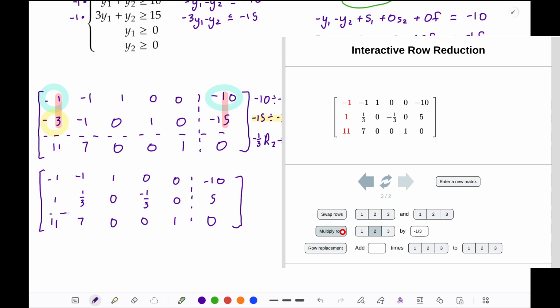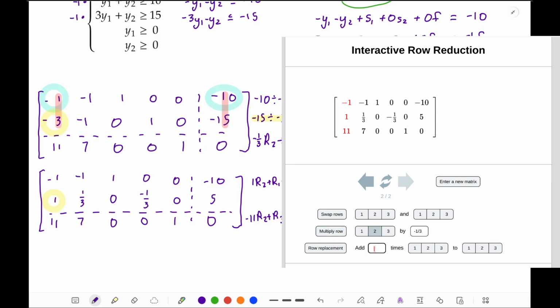Now we're not done with the pivot step because all we did was make our pivot entry into a 1. Now we use that 1 to annihilate the rest of the column. So it's going to be 1 times row 2 plus row 1, replace row 1. And negative 11 times row 2 plus row 3, replace row 3.